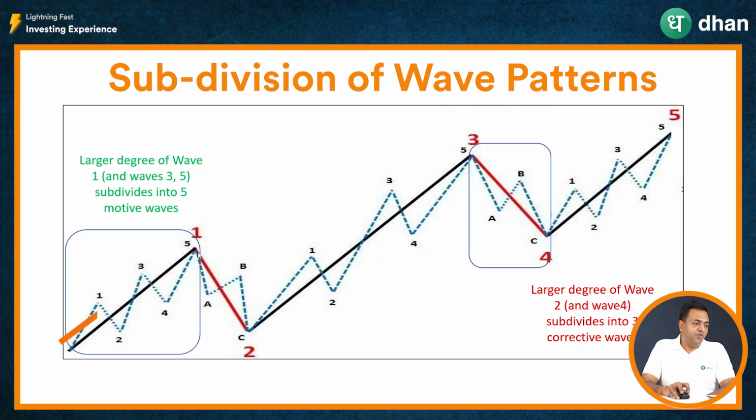Wave number 1, wave number 2, wave number 3, wave number 4 and wave number 5. Within each wave, I can try and visualize this kind of a pattern as well on a smaller degree. That is a 5-wave motive wave followed by a corrective wave, a motive wave followed by a corrective wave, a motive wave and then followed by a corrective wave. So what we are trying to imply is that in a higher time frame chart or a larger degree chart, you can still see smaller degree subwaves in the form of an Elliott wave pattern.